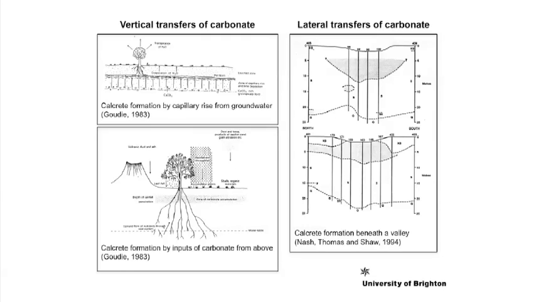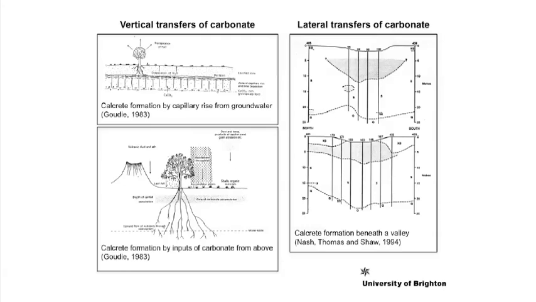The bottom one shows almost the opposite situation, in this case where carbonate gets washed down from rainfall. It could be transported in as dust or as biological remains or from volcanic ash, all sorts of other carbonate sources, and then gets washed down through a profile where it precipitates out. So those are processes typically found in soil environments. These are broadly pedogenic processes.